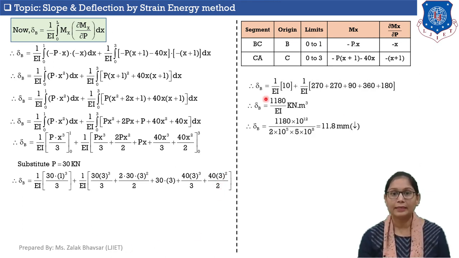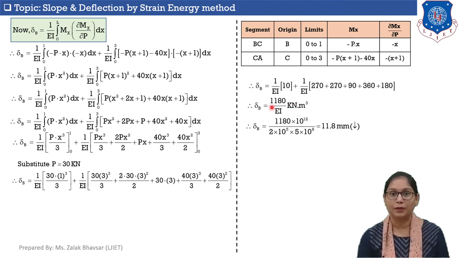Therefore, delta B is equal to 1 upon EI into 10 plus 1 upon EI in bracket 270 plus 270 plus 90 plus 360 plus 180. Therefore, I am getting delta B is equal to 1180 kilonewton into meter cube upon EI.